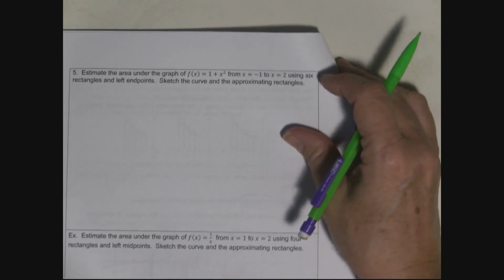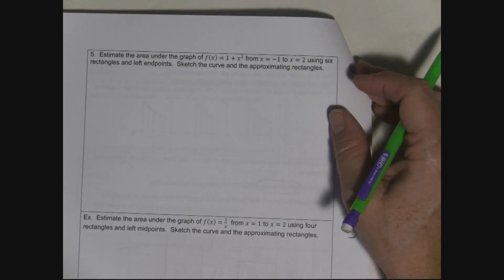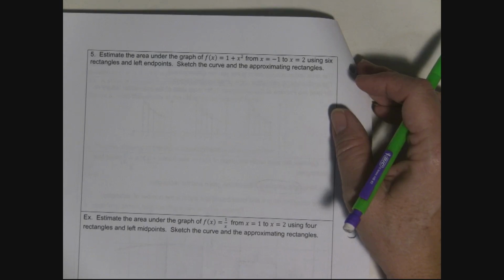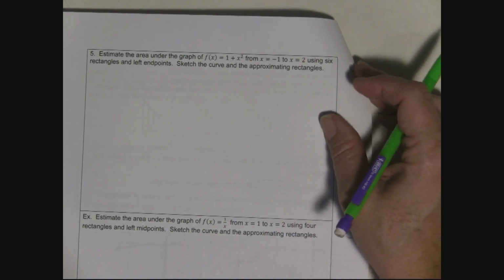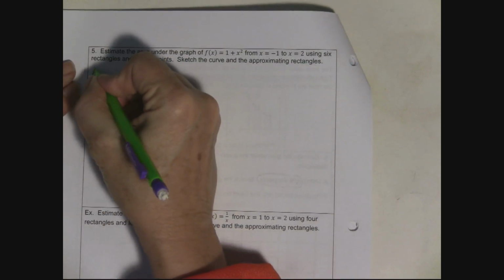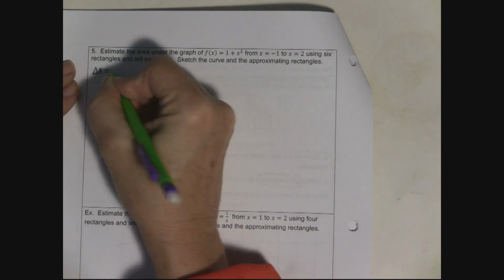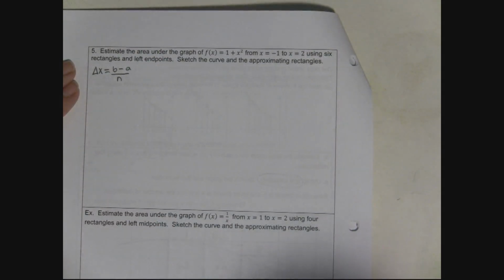Okay, so this is problem 5 in your book. It says, estimate the area under the graph of f(x) = 1 + x squared from -1 to 2 using 6 rectangles and left endpoints. Sketch the curve and the approximating rectangles. So we're going to have to do the whole thing here. What I like to do first is find delta x. Delta x equals b minus a divided by n. It's a little bit of a formula.